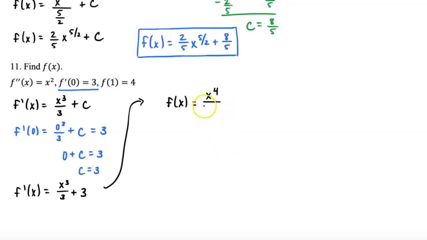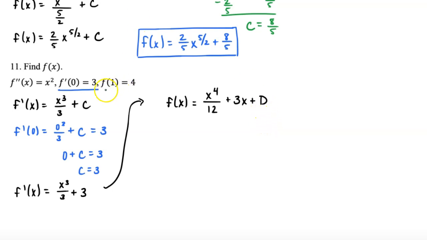So now I'm going to multiply that by the 3 that's already in the denominator to give me a new denominator of 12. Now I can't forget about that plus 3, and I remember that the antiderivative of plus 3 is plus 3x, multiplying that 3 by an x. Okay, and then I've got another constant. I can call this a plus c, but because I already used c, sometimes we'll call it a plus d.